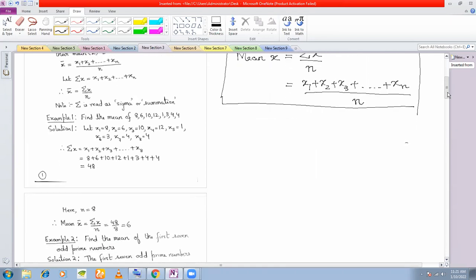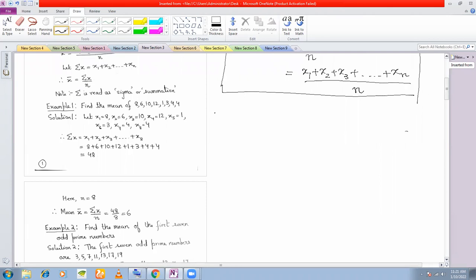Look at the first example. Find the mean of 8, 6, 10, 12, 1, 3, 4, 4. How many observations? Let's take all these as some variable. Let the given observations be: the first observation we take 8, so x1 is equal to 8.